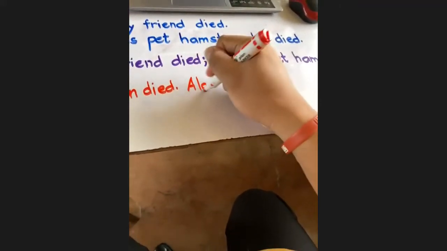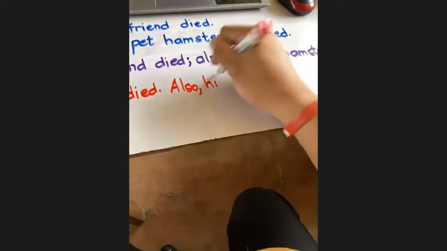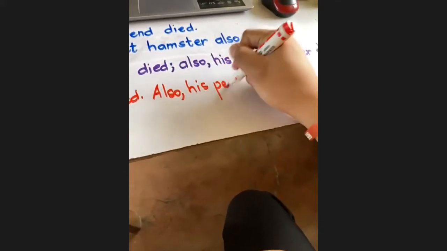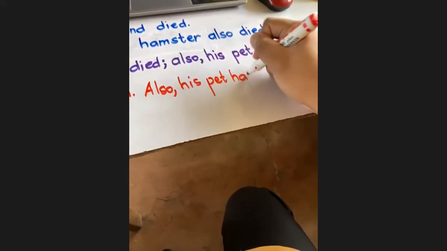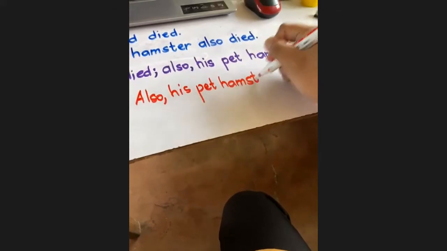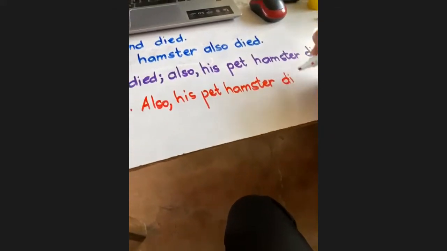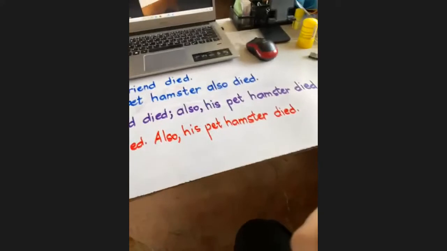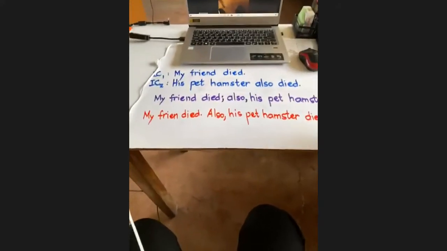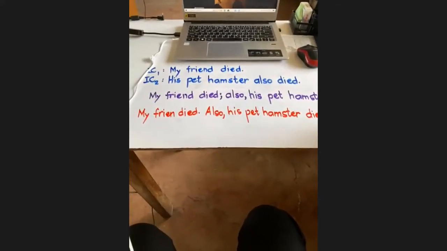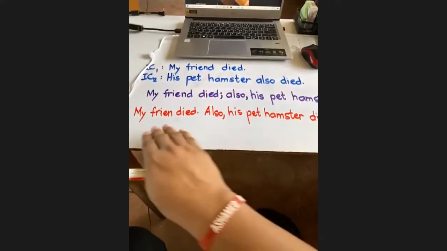Also, his pet hamster died. Carefully look at the sentence marked in red. The one that you have here, the one that's in red.